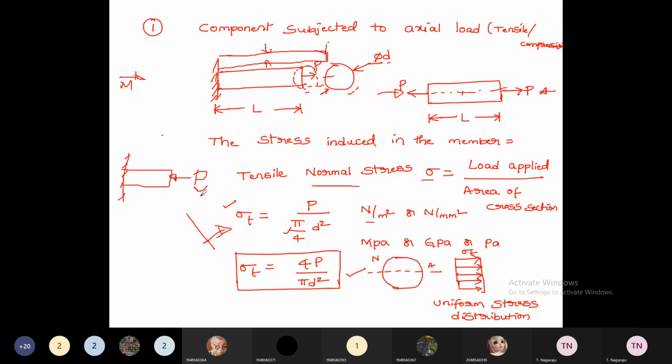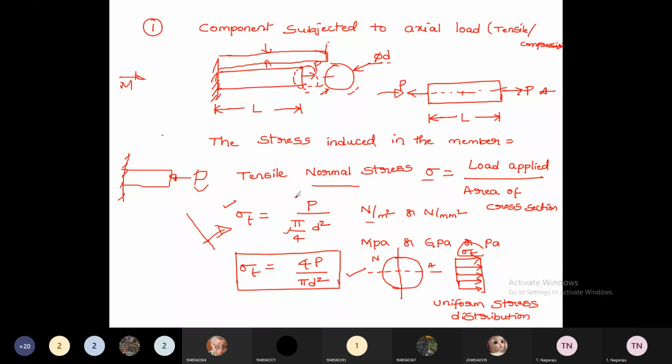Then the only variable is d, the diameter, and for this problem d is also constant. So if you plot the stress distribution of this circular cross section, it is a constant stress of quantity sigma t, or we can say a uniform stress distribution over its cross section.